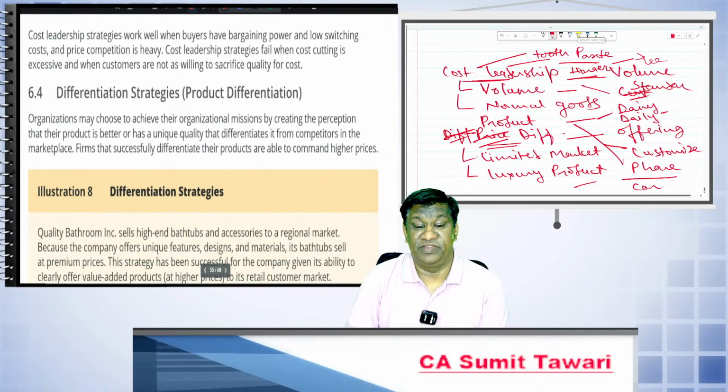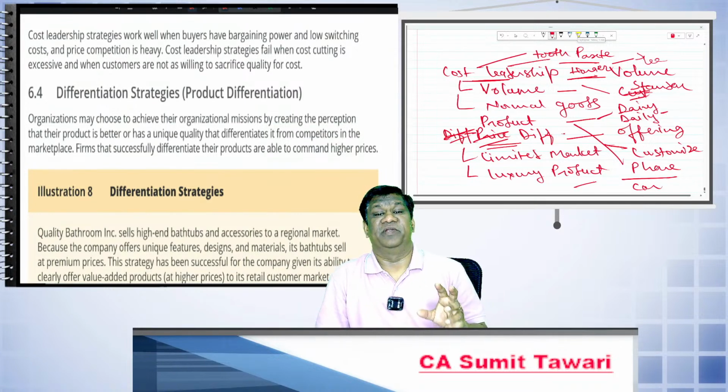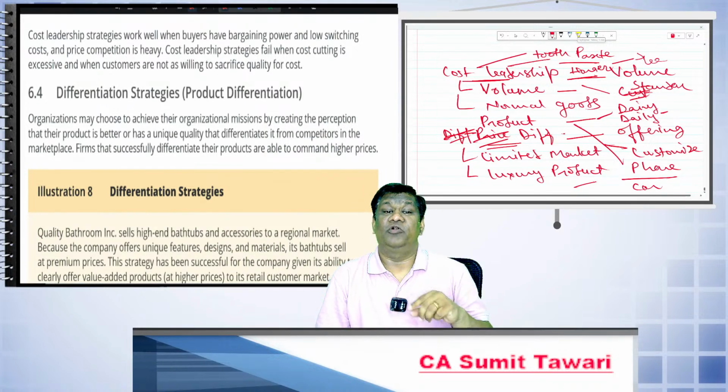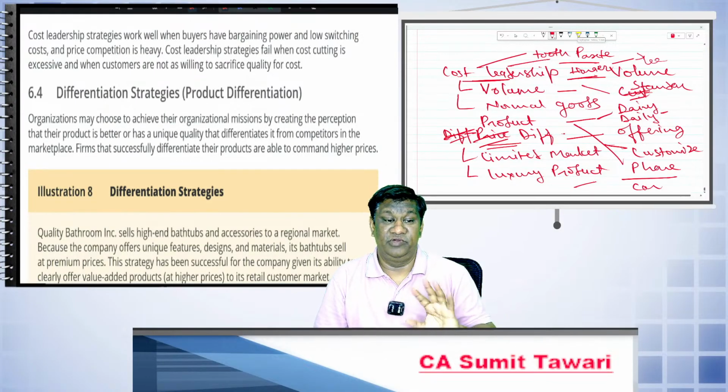and it works when the buyers have a bargaining power. So that also you need to keep in mind. If the customer is not willing to pay the premium, then and only then you can adopt this strategy. Buyers having a bargaining power means the customer can dictate the prices, then and only then you can play with this strategy.